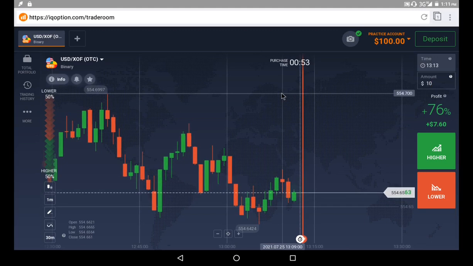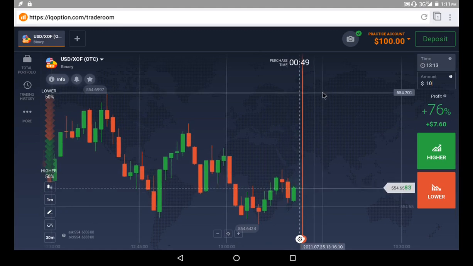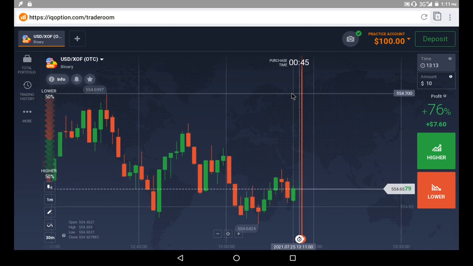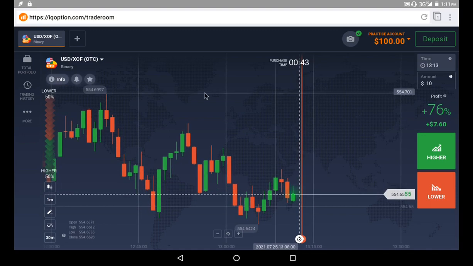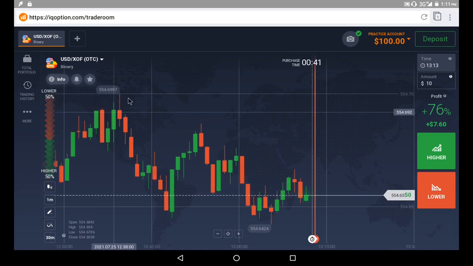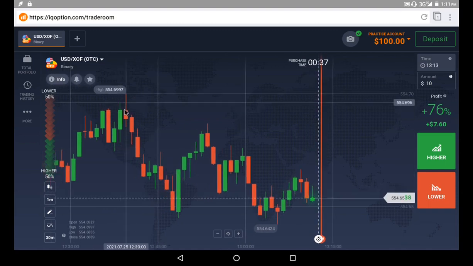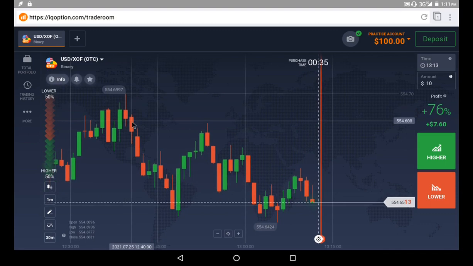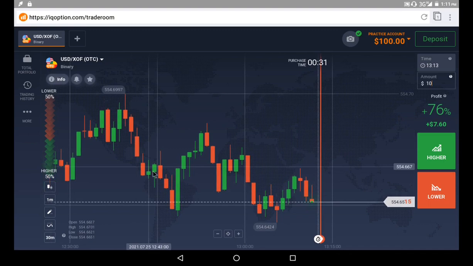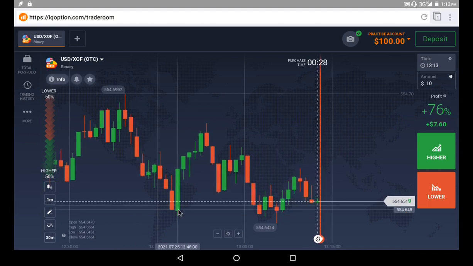Like this other one above here, you can see 554.700, and on hitting the round number area, we saw a very strong reversal, and then the sellers continued their trend to the downward direction.